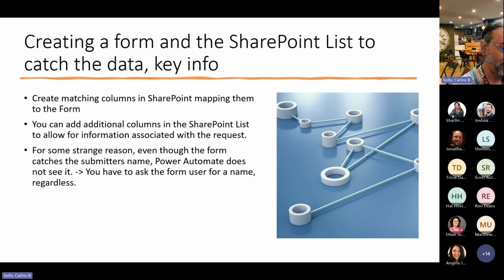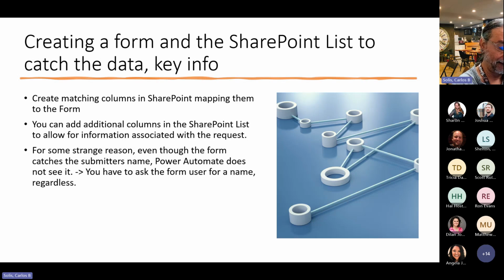And then one thing to keep in mind is that for some strange reason, even though Microsoft Forms capture the user name and email if they authenticate into the form, when you move into Power Automate, you can still get the user's email, the person who filled this form, into Power Automate and map it against a SharePoint item, but you cannot get their name.